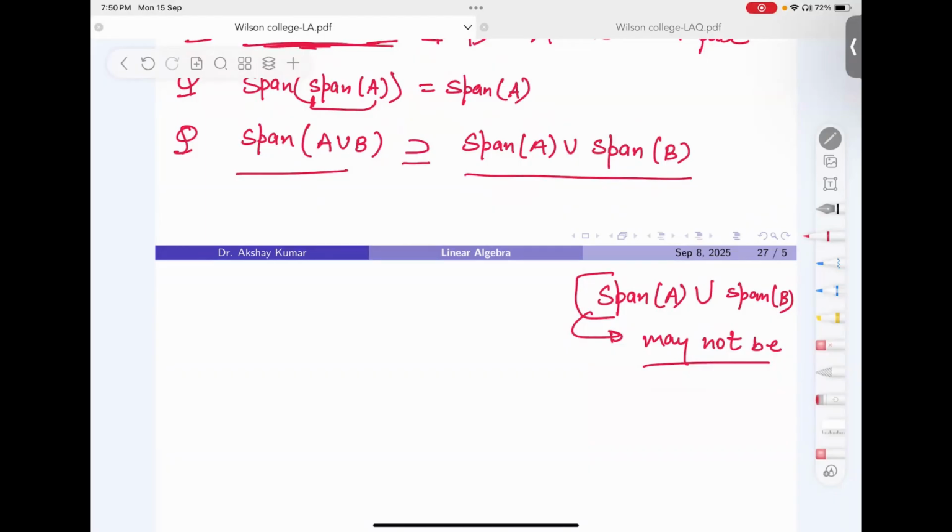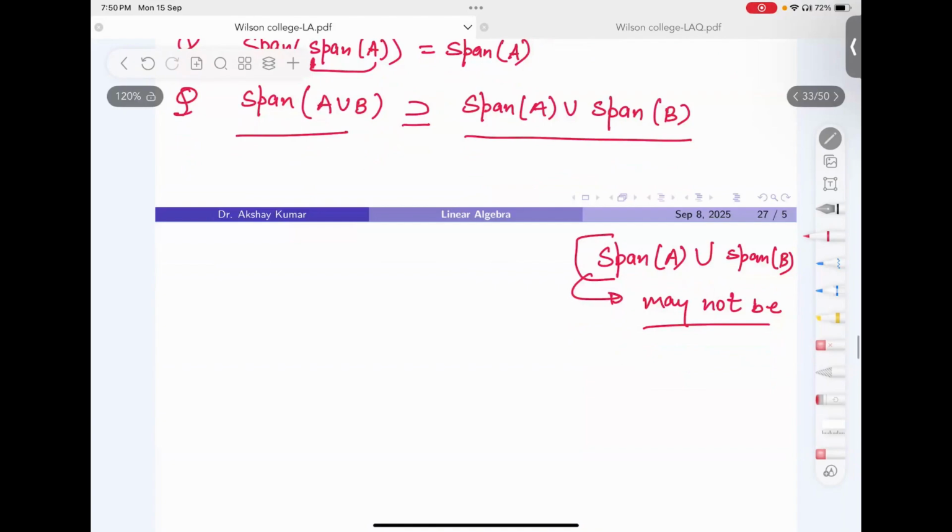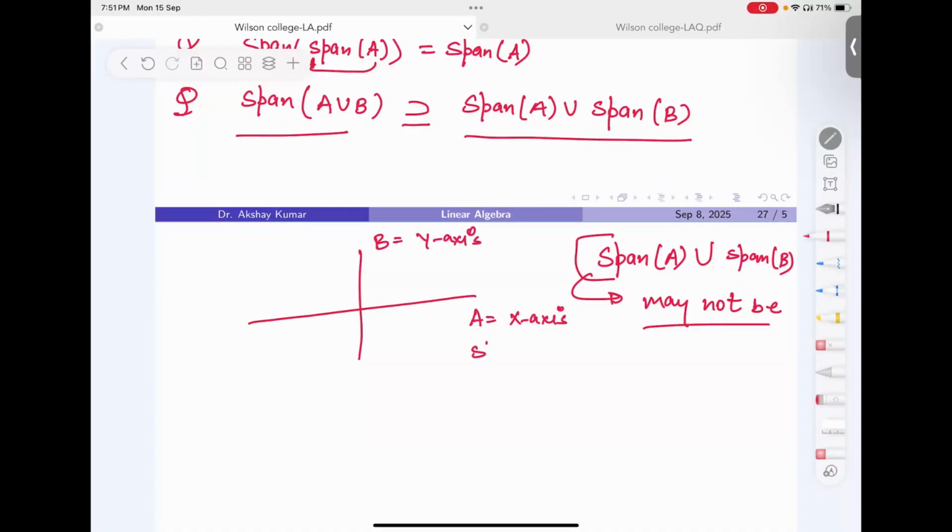Now, can you give me an example of the converse? In R2, take A equal to the x-axis and B equal to the y-axis. So the span of A will be A only, and the span of B will be B only.